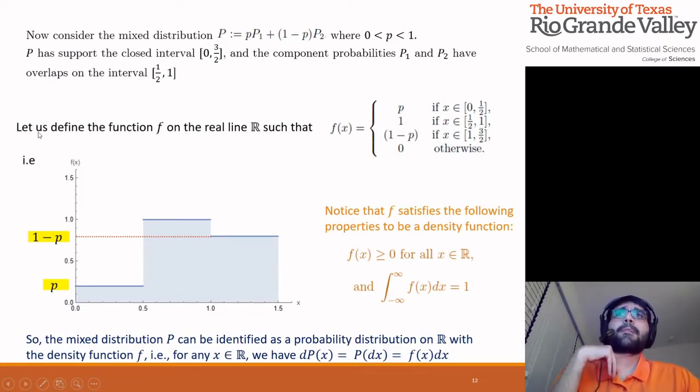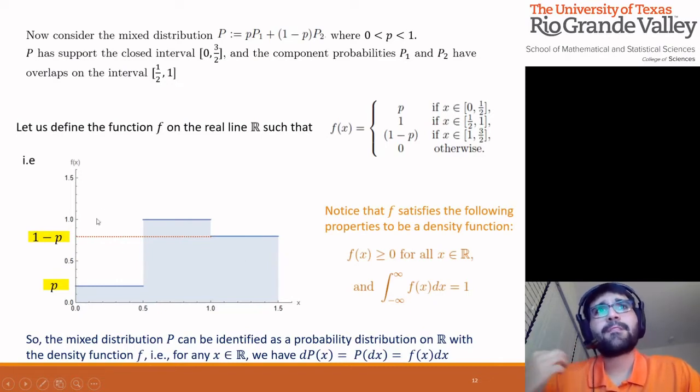So let's now define the function f on the real line R such that f of x equals p if x belongs to the closed interval 0 to 1/2, 1 if x belongs to the interval 1/2 to 1, 1 minus p if x belongs to 1 to 3/2, and 0 otherwise.